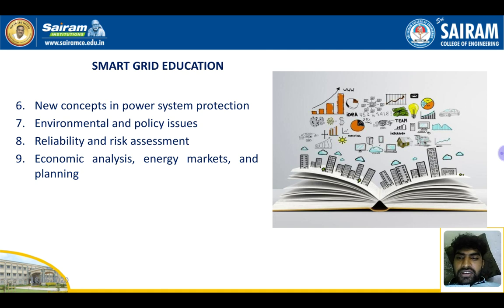Finally, new concepts in power system protection, environmental and policy issues. In these new concepts, we need to involve power system protection. Basically, if a fault occurs in the power system, the circuit breaker will trip off, the relay will send the signal, and the CT will measure.